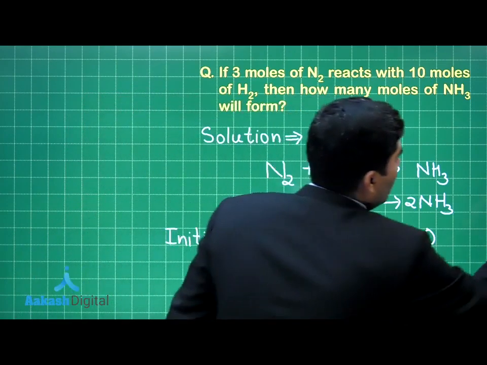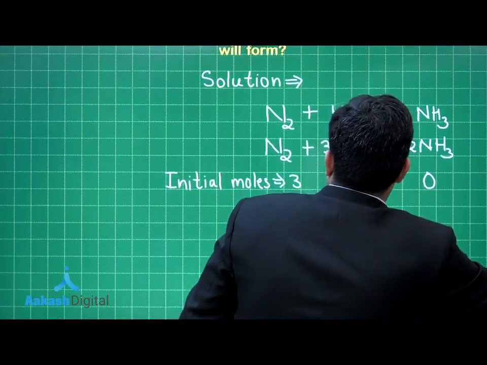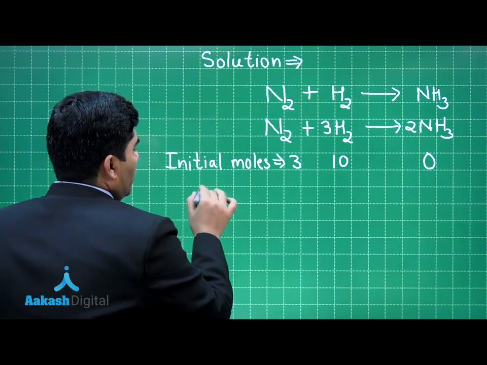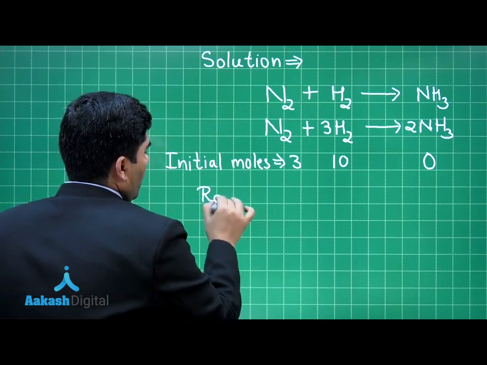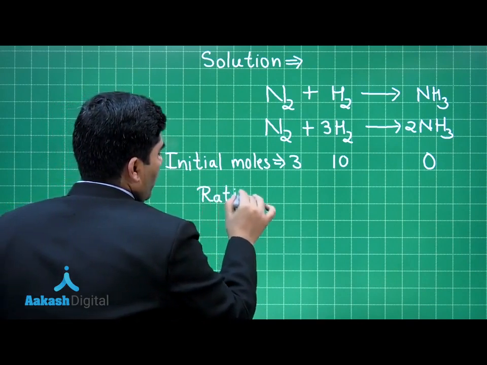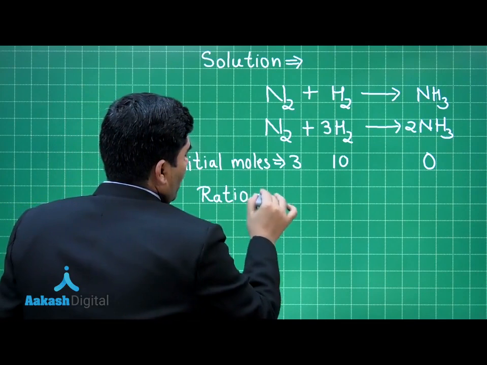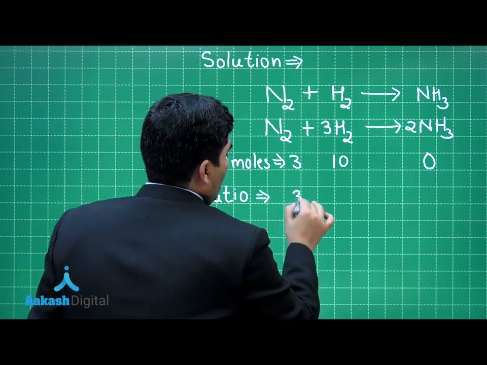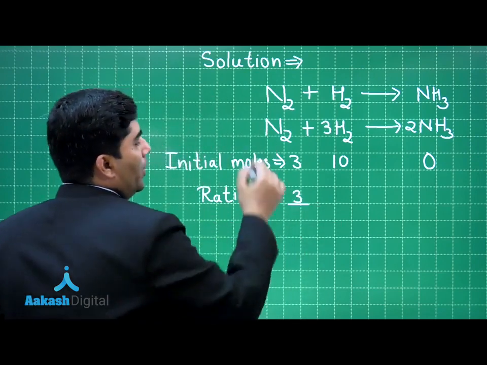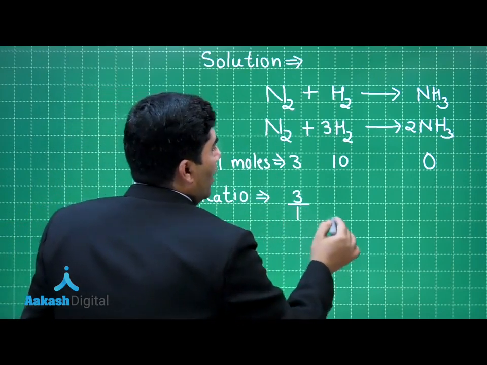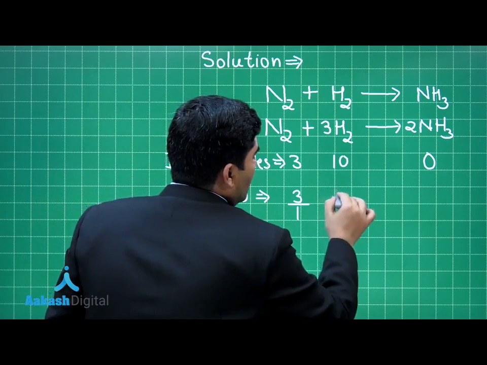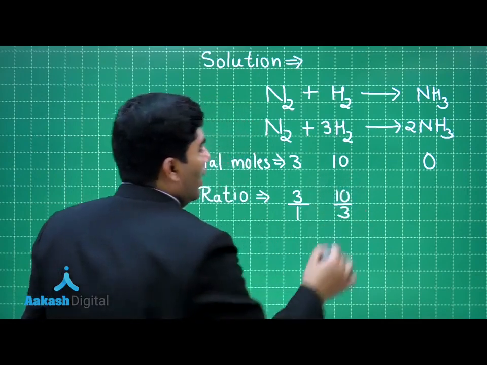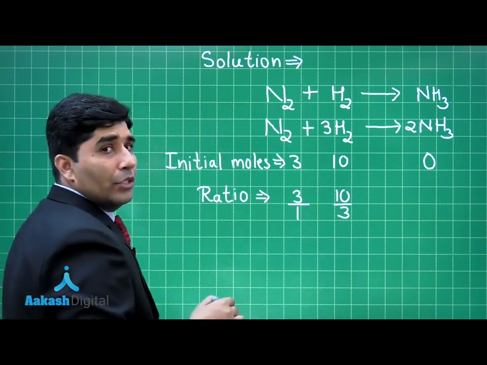So to find out that ratio, the ratio is 3 divided by the stoichiometric coefficient of nitrogen, which is 1, and 10 divided by 3, that is 10 by 3, and this is the ratio.